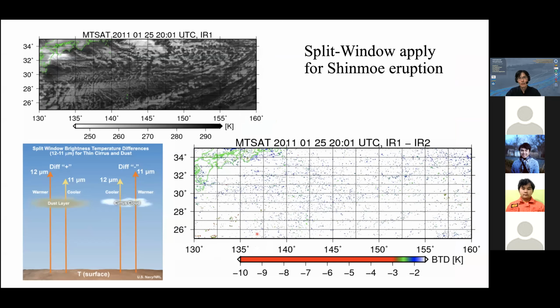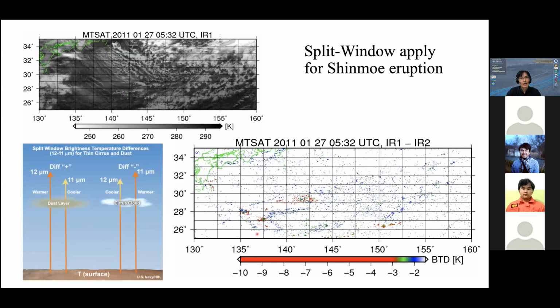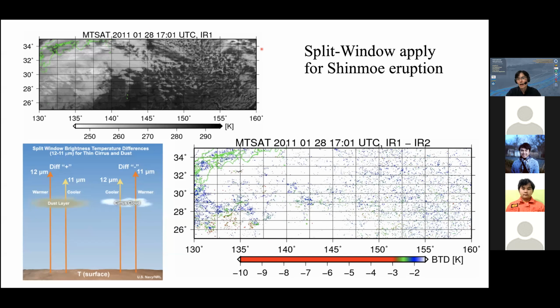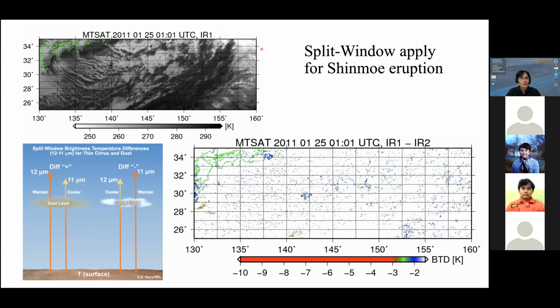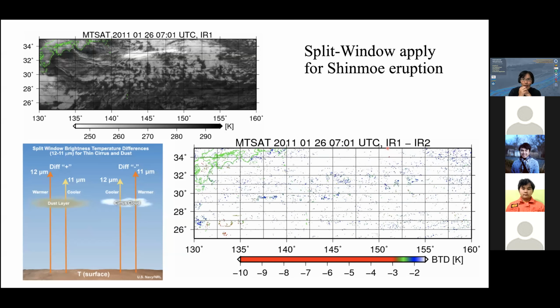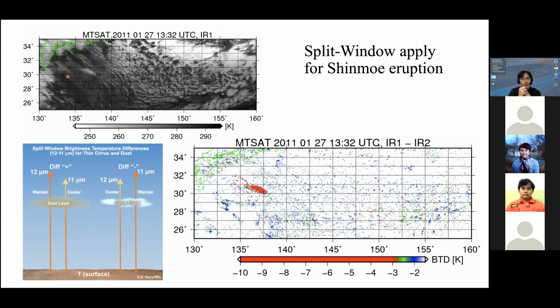Okay, see the movie. This movie represents the 10 micrometer IR1 image, and here is the split window IR1 minus IR2. Here is the eruption of Shinmoe captured by the MTSAT data.